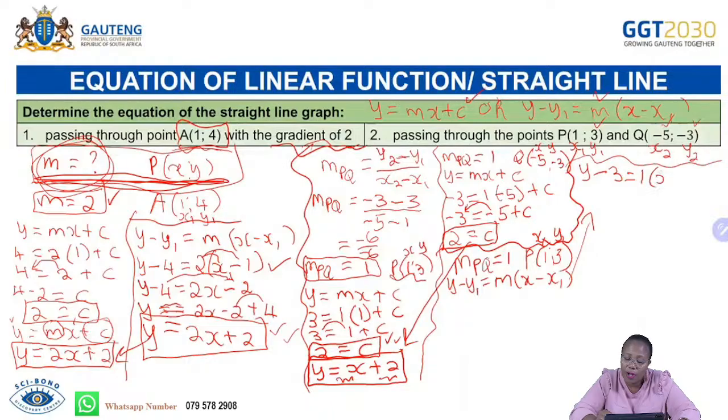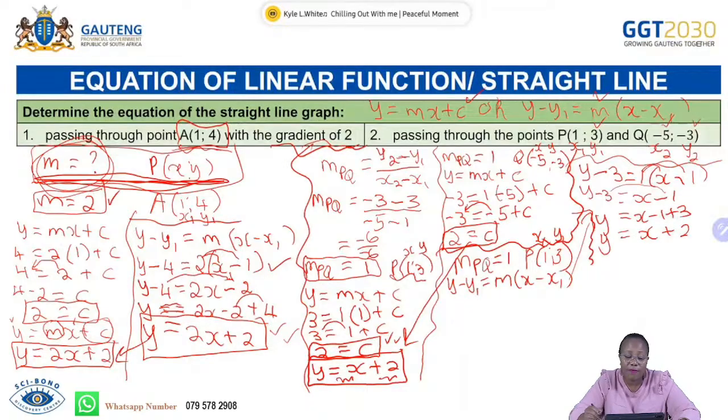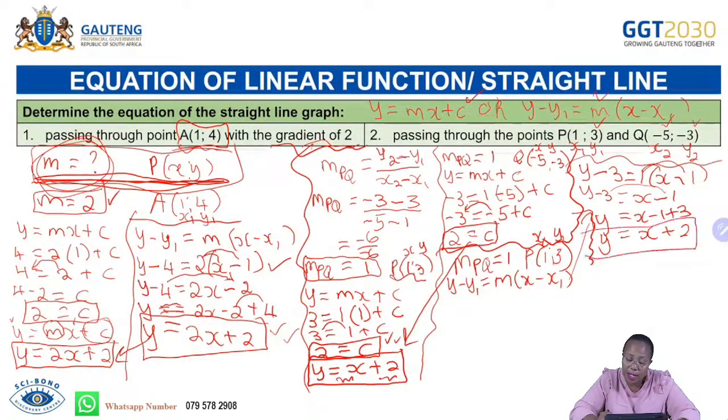Then you'll be having y minus 3 equals 1 times x, which is 1x, and then 1 times negative 1 is negative 1. Then we transpose the minus 3 to this side, you'll be left with y equal to x minus 1 plus 3. This will be x plus 2, grade 12. Therefore, we have our y equation, which is x plus 2.